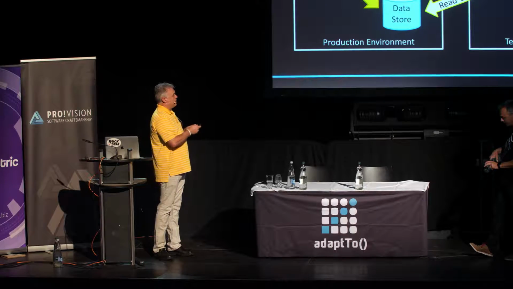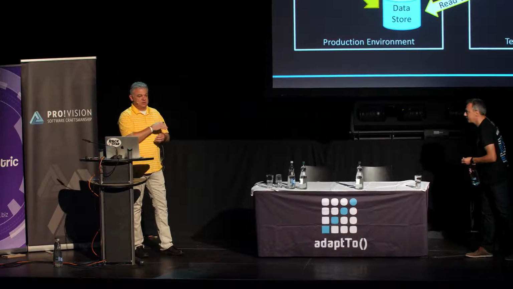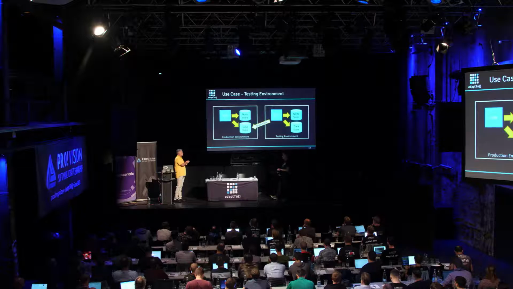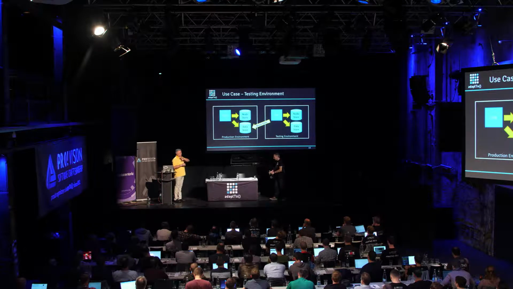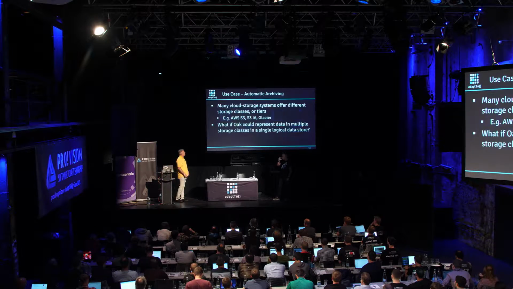So when this test environment first comes up, it looks exactly like production. You can make all the changes you want. None of those ever end up here. When you're done with the testing, you can throw that test environment away and start over, and you'll look just like production again. So that's one use case.